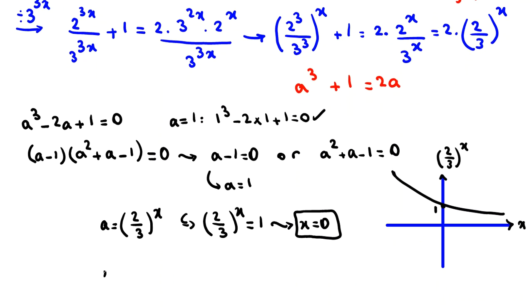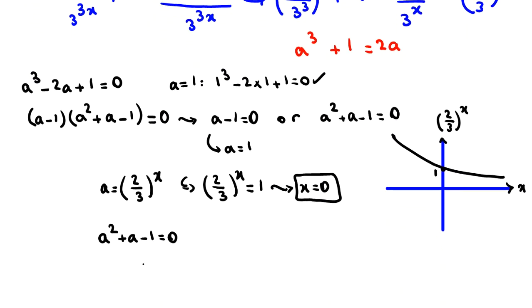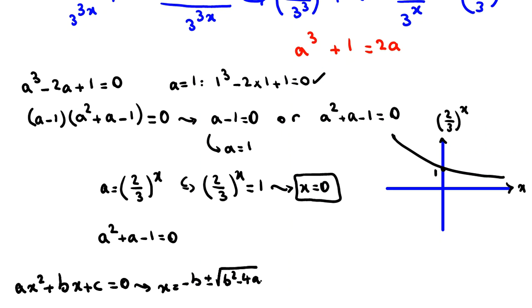a squared plus a minus 1 equals 0. Now, here you should use the quadratic formula. If you have ax squared plus bx plus c equals 0, then x will be negative b plus or minus the root of b squared minus 4ac, over 2a.